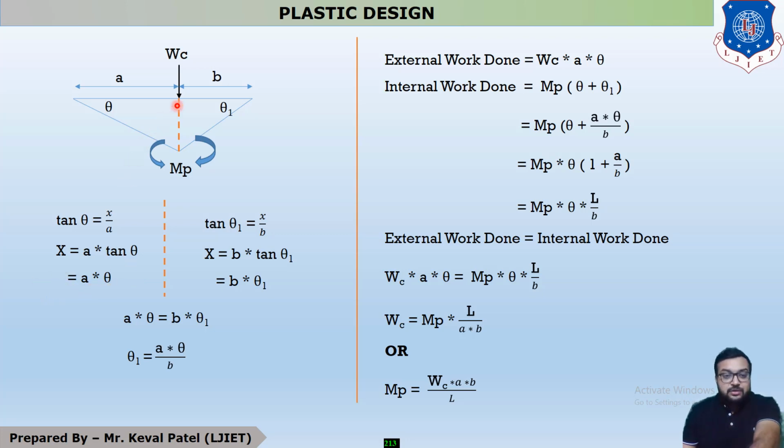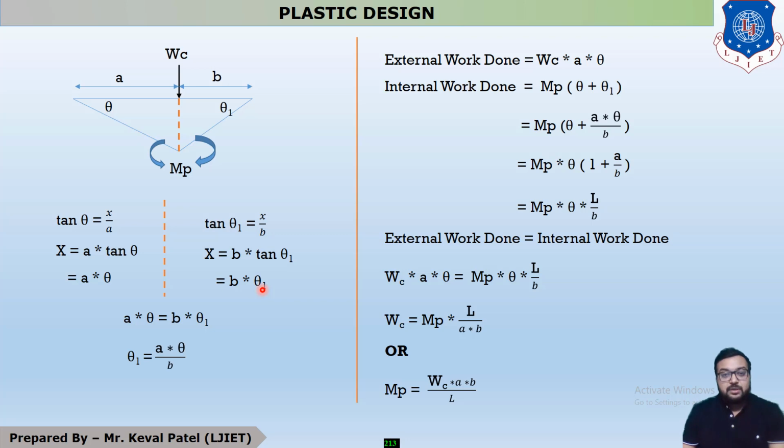It means your deflection value is a theta, but this calculation comes from the left side portion. A similar calculation is also made from the right side. So you have to write the tan theta 1 equation. Your tan theta 1 is equal to x divided by b. So your value of x is equal to b into theta 1.